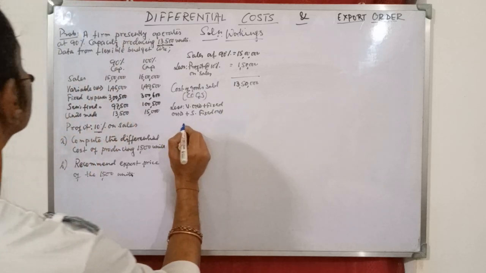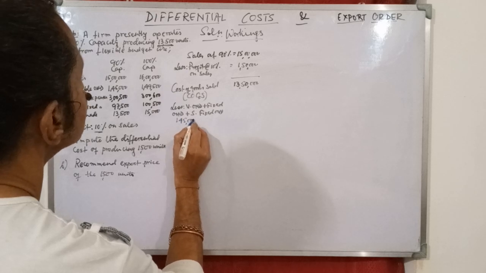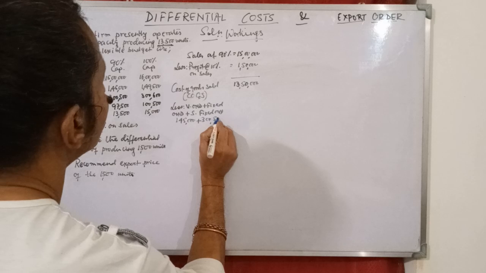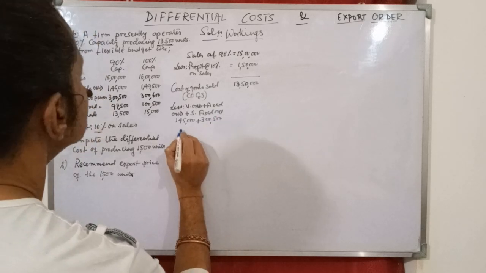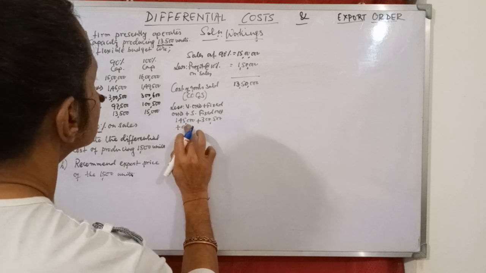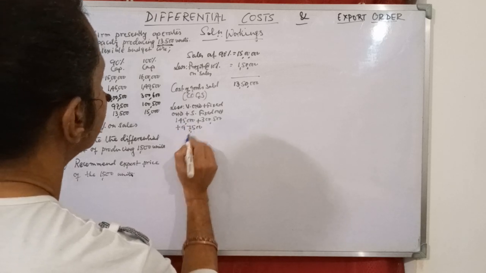That is to say 1,45,000 plus 3,500,000 plus 97,500.